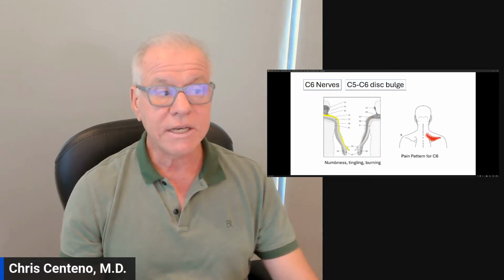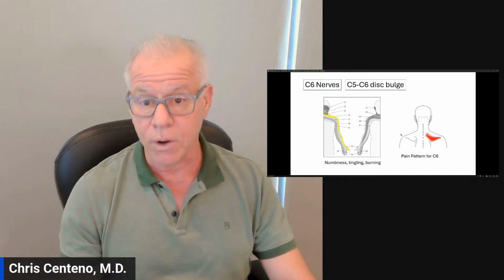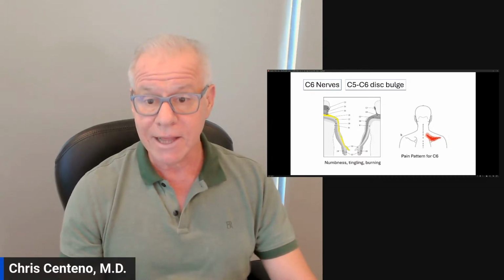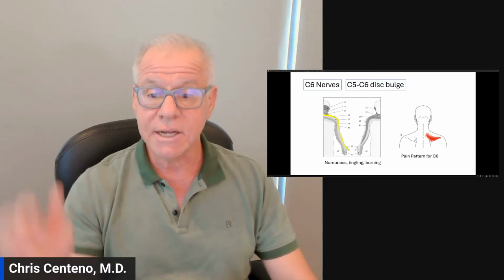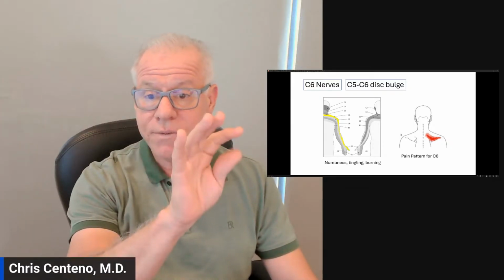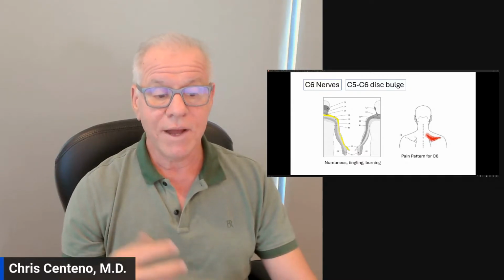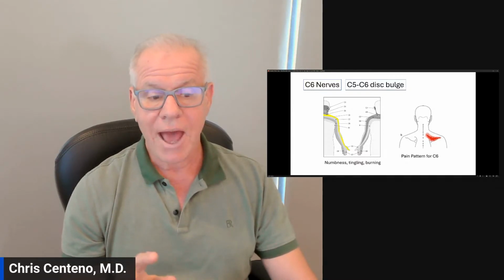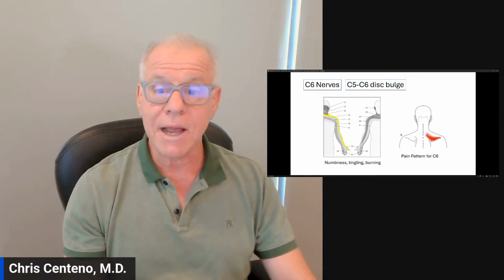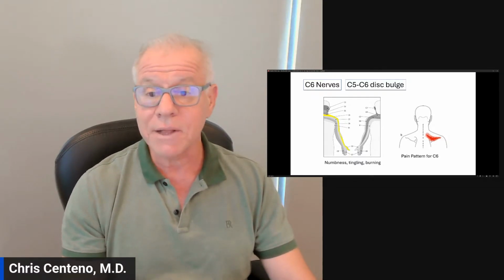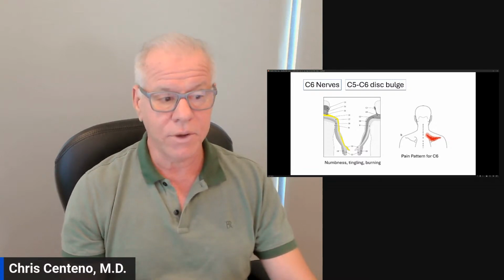So now as we go to C6, we're now talking about a C5-6 disc bulge. Super common level to have a disc bulge. And now we're getting numbness and tingling in the thumb here. So we've got numbness and tingling in the thumb. And we've got a pain pattern that now is kind of lowered down, kind of in that upper scapula area, kind of where the levator scapula muscle goes, the back part of the supraspinatus muscle goes.